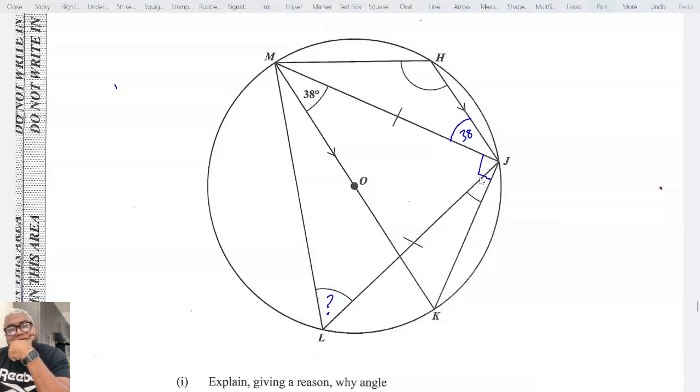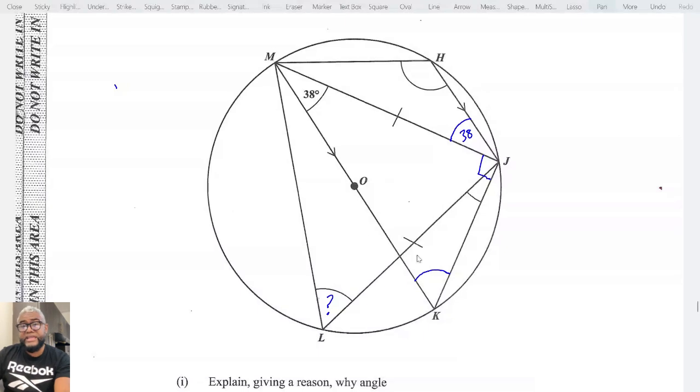No, here's 90. If here's 38, here's 90, we can find here. And three angles of a triangle add up to 180. And then these two make a butterfly. Let me do the butterfly. Right? Angles in the same segment are equal.